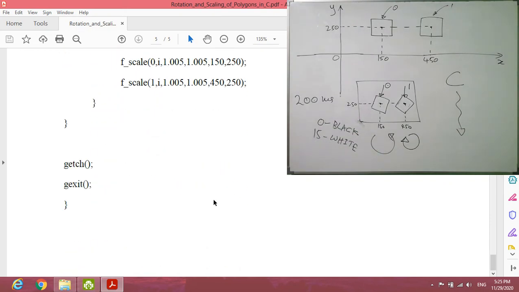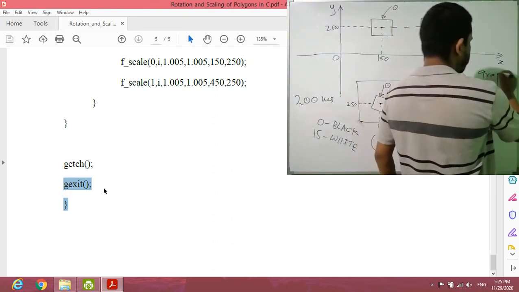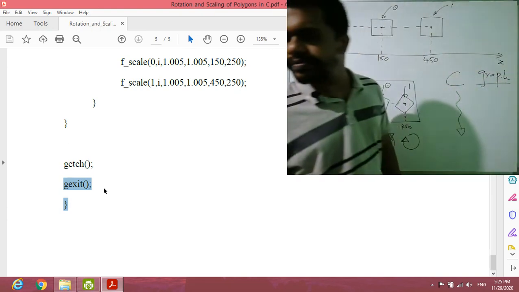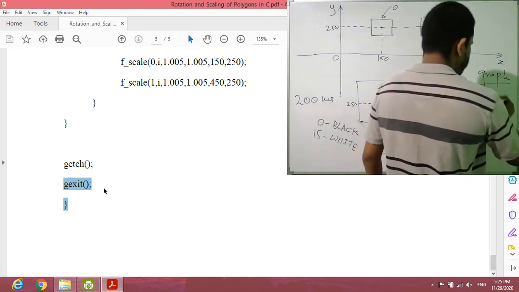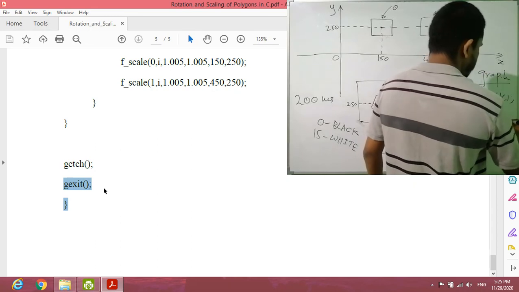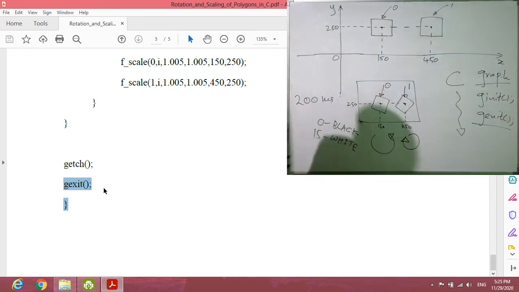And here the getch function you are already familiar with. Gexit is also defined in the graphics.h header file. ginit initializes graphics. From gexit we have ended graphics. That's what we have done.